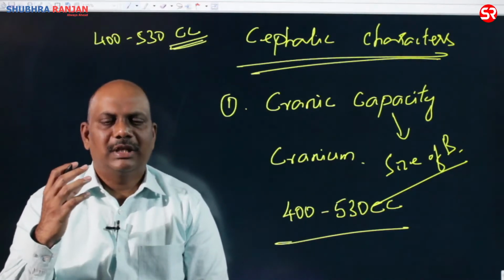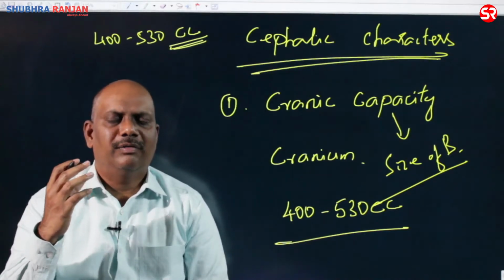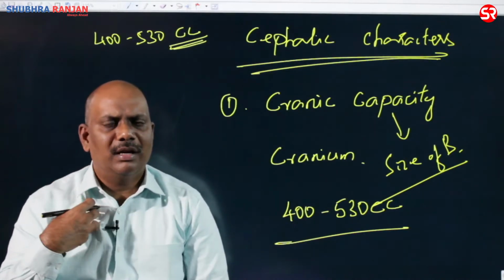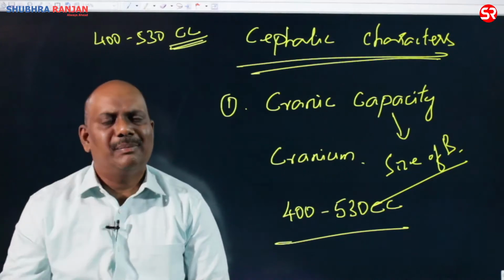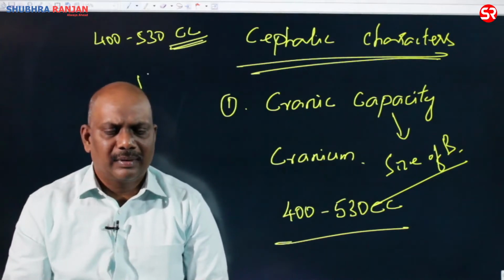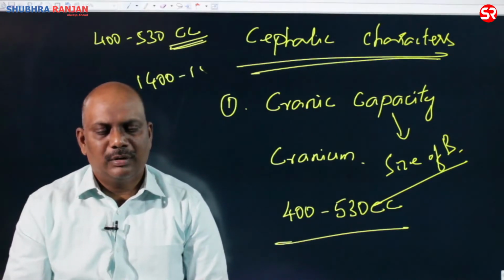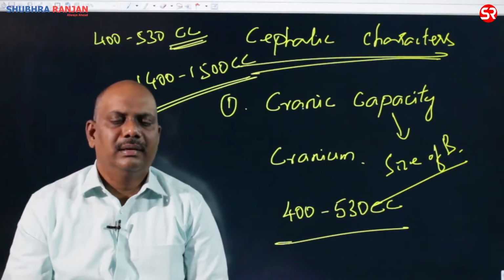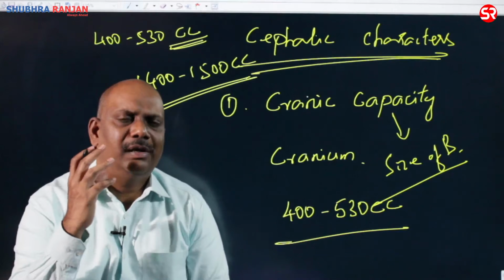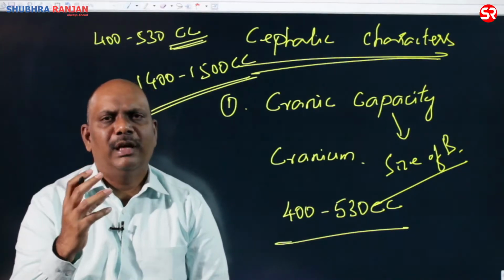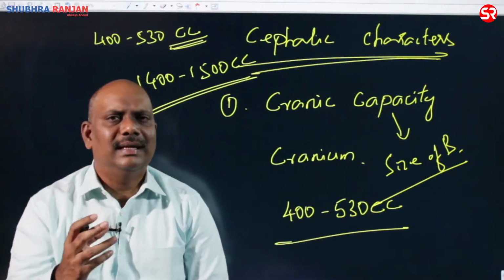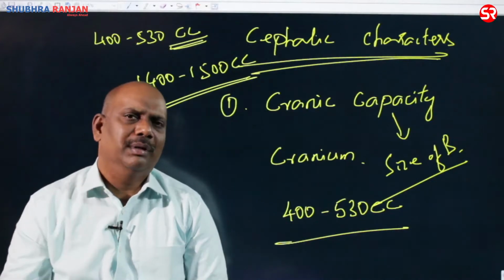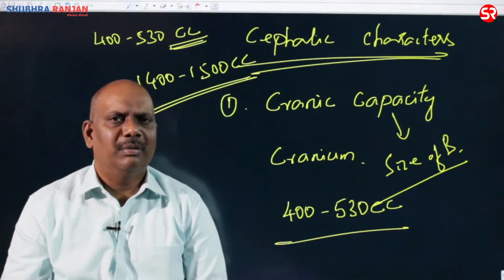So the cranial capacity of Australopithecus is 400 to 530 cc. For our modern human beings, the cranial capacity is around 1400 to 1500 cc. So that means the brain of Australopithecus, right, is roughly one third the size of the brain of human beings. It is a very small brain.